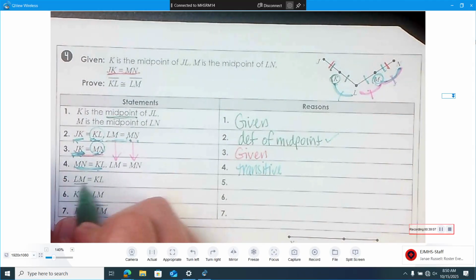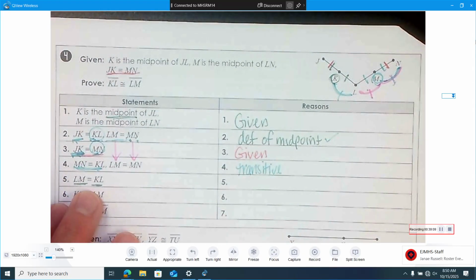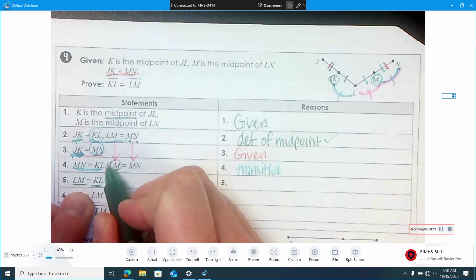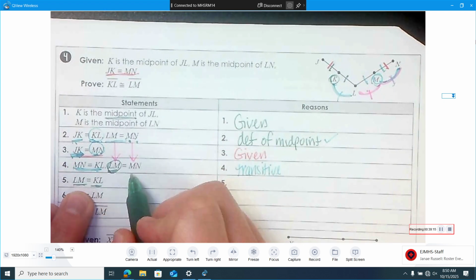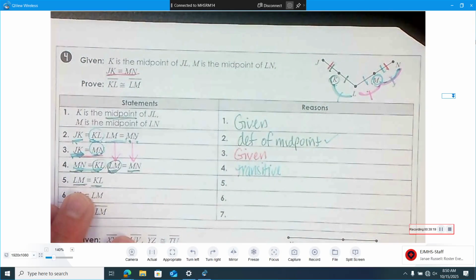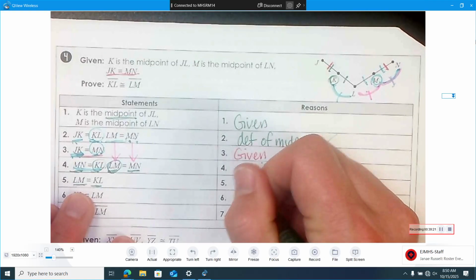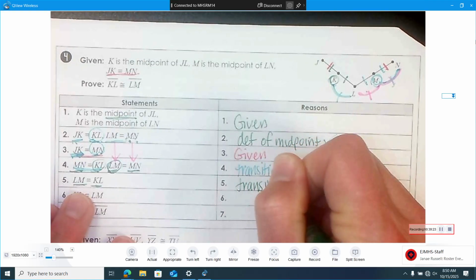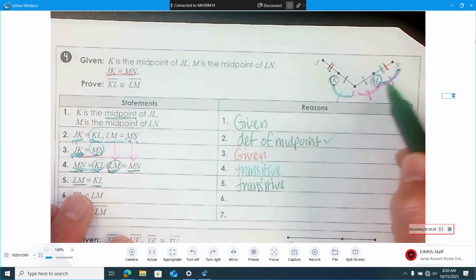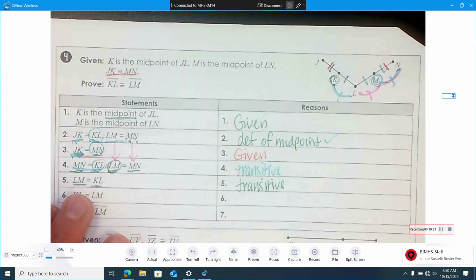How do we get LM is equal to KL? Transitive again, absolutely. Here we are. We've got the LM that's going to MN, and then MN is going to KL. That again, transitive. Crazy, huh? And so when you look at the picture, you can see how we overlapped one. That's a good clue that that's transitive. Okay.